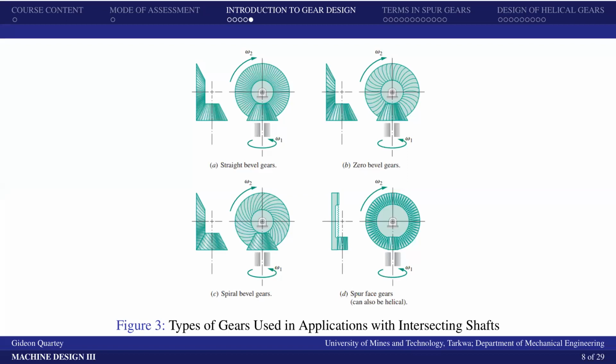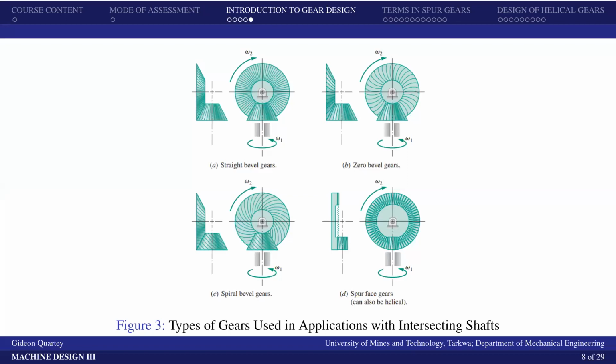When the shafts are intersecting, you see that we have the shafts inclined at a certain angle and they are intersecting. The gear types that are usually used are the beveled gears, and they are mainly applied for such scenarios.